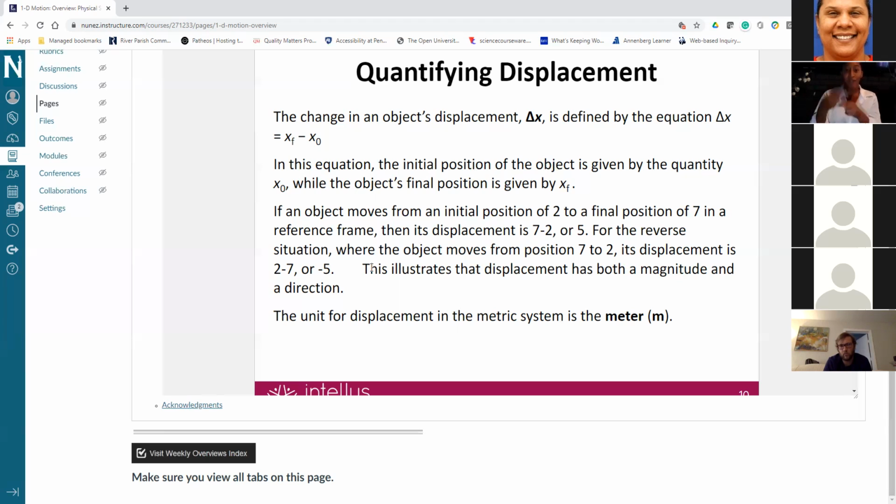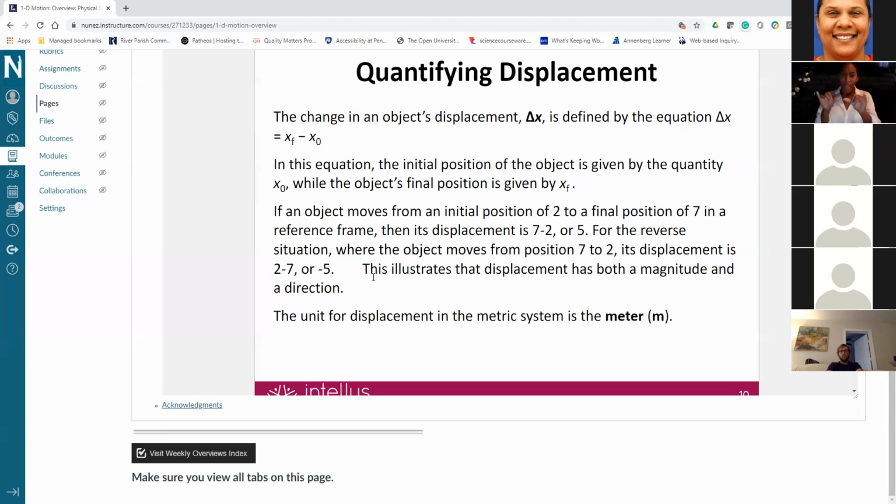Last week I hopped on the idea that in the metric system, we focus on our SI base units, our base properties. And so the SI unit for displacement in our metric system is the meter, because that's how we measure this displacement, utilizing the unit meter.